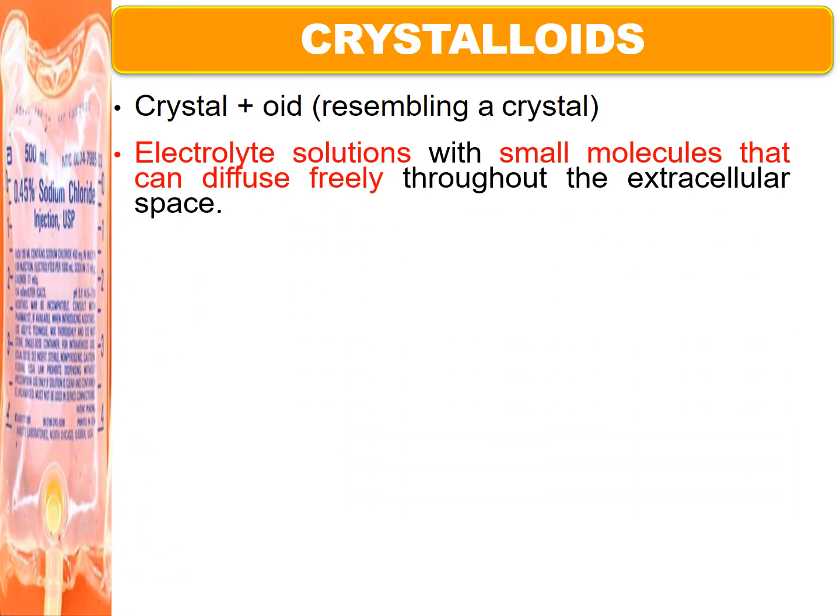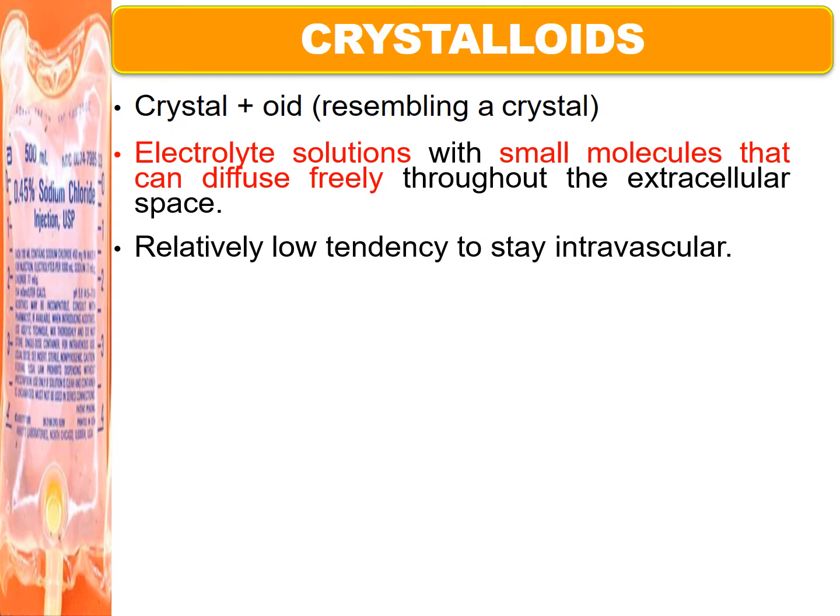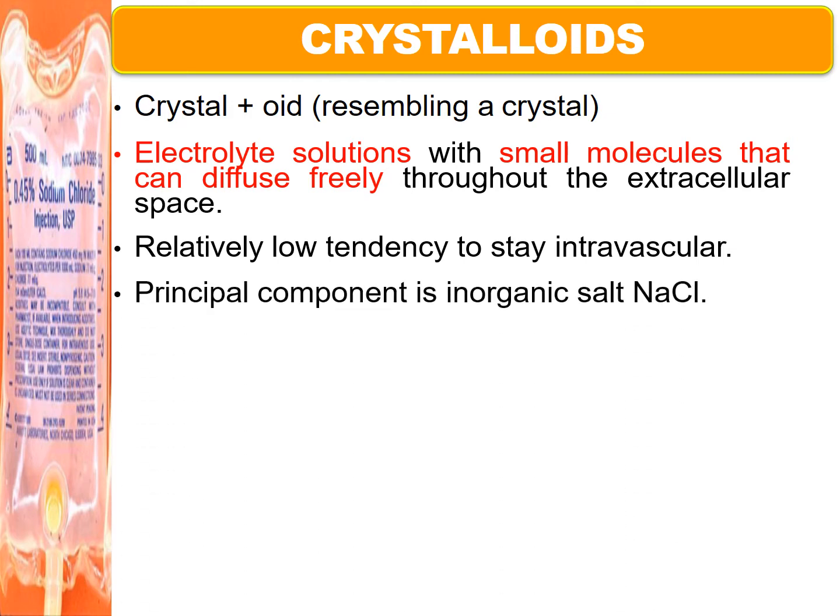These crystalloids are electrolyte solutions with small molecules that can diffuse freely throughout the extracellular space, with a relatively low tendency to stay intravascular. The principal component of crystalloid is inorganic salts like NaCl.